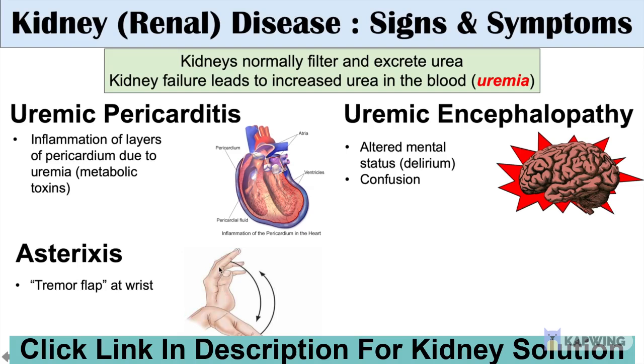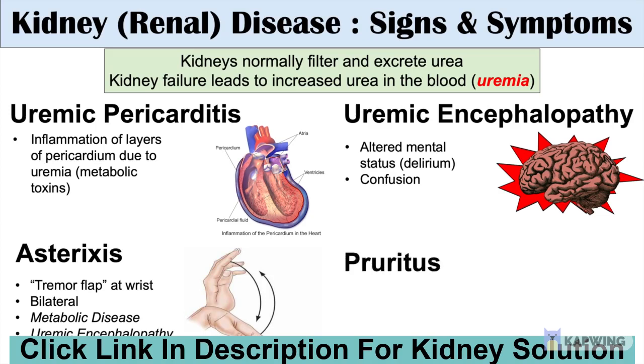If the patient loses control and is not able to keep it in this position, it falls, and they will quickly bring it back up into the original position. This looks like a tremor flap. That's why this is called a tremor flap. This is often due to an interruption of the postural pathway in the reticular formation. This occurs bilaterally, so we can see it in both hands, and it is associated with metabolic diseases. We can see it in uremic encephalopathy, but also in liver diseases.